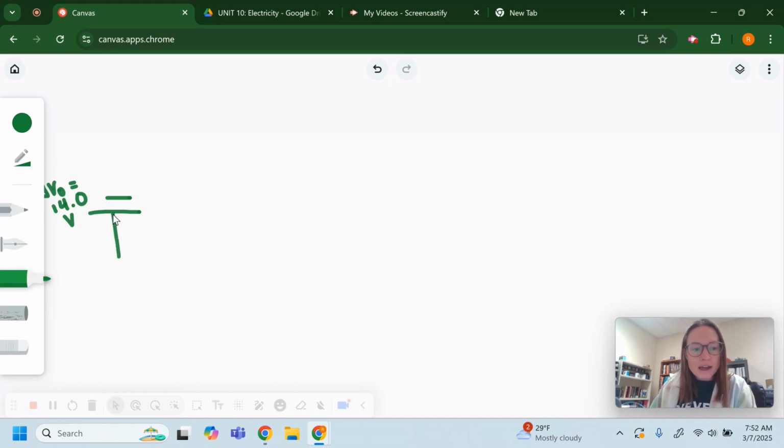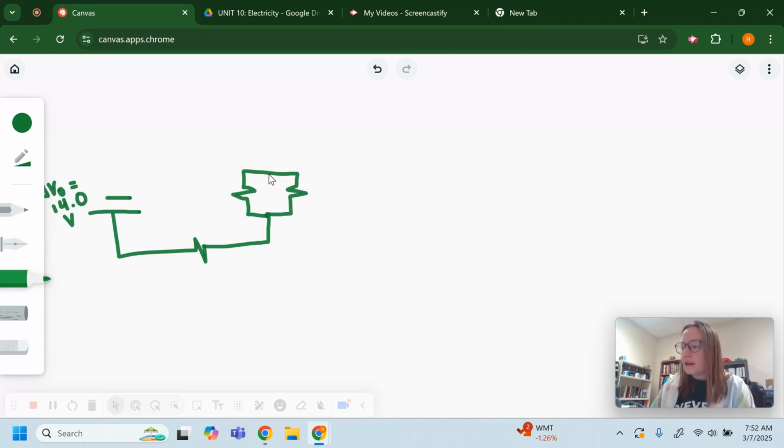Then I have a resistor right here that's connected to a little point here. Then it's connected to another little resistor right here. Then it's connected to another little resistor right here. Then this is connected here to another point over here.